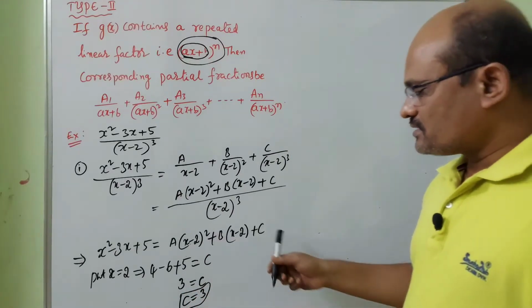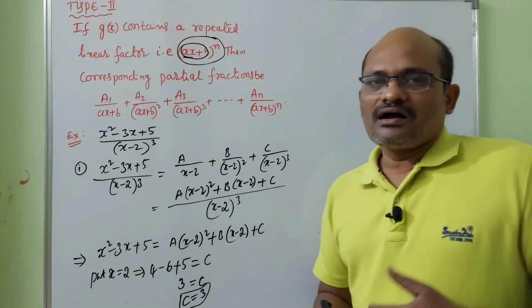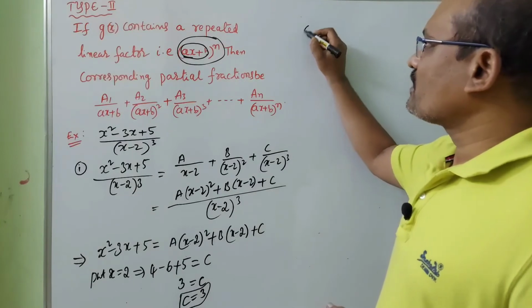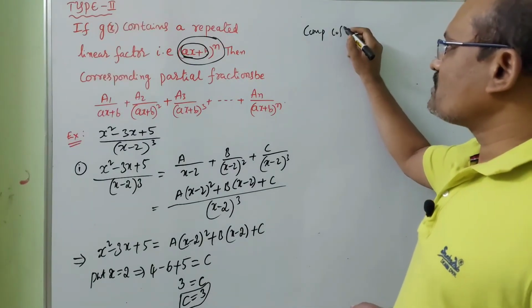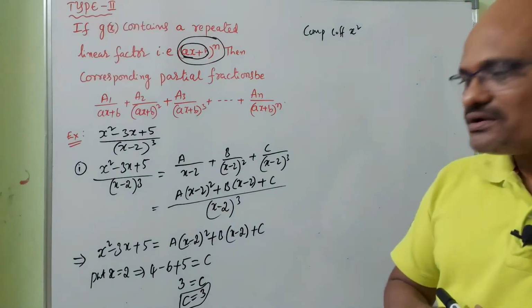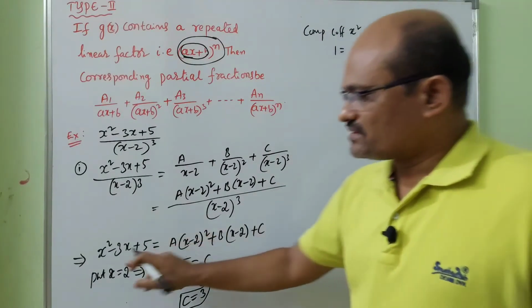Now I got c. Now how to get values of a and b? I use a different technique. Here what I use is comparing of coefficients. Comparing coefficients of x square on both sides. On LHS, the coefficient of x square is 1.